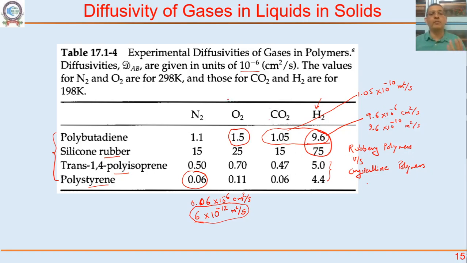And one of the ways to separate oxygen from air is to put it through a membrane. You separate the oxygen from the nitrogen, at least get an enriched oxygen, maybe 25, 26, 30% oxygen. So gas separation in membranes is a very important operation, and these kinds of polymers are very commonly used as a membrane for separating different gases.